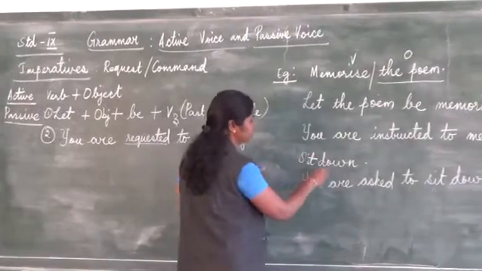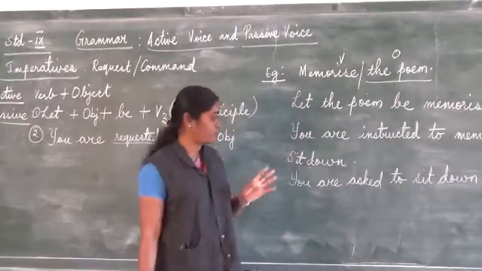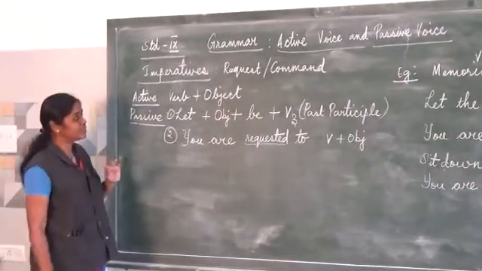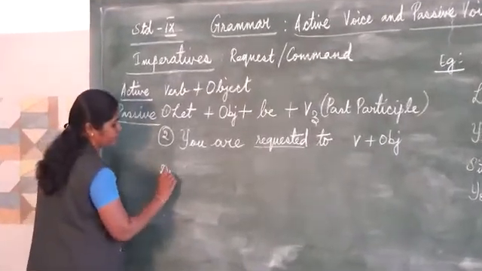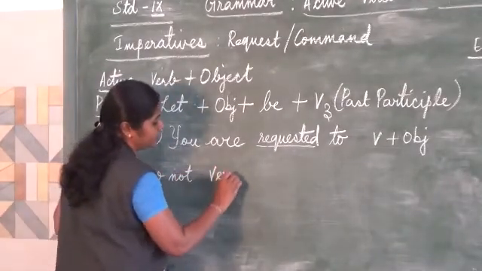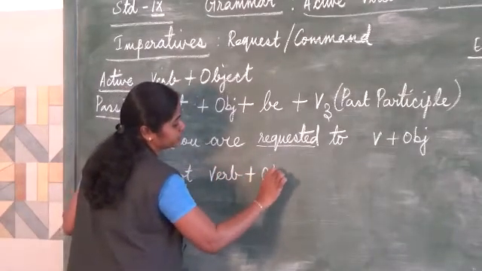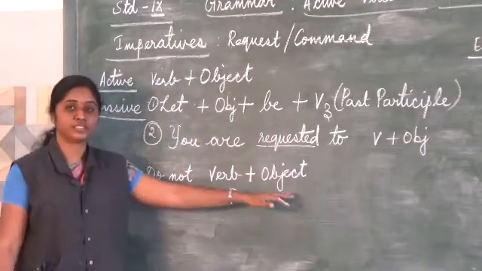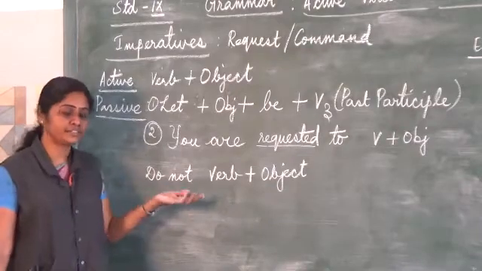Okay, now so far I was only talking about the positive. In case you get a negative imperative sentence, "do not", again you will have verb plus object. So do not, verb plus object. This is again an imperative sentence.